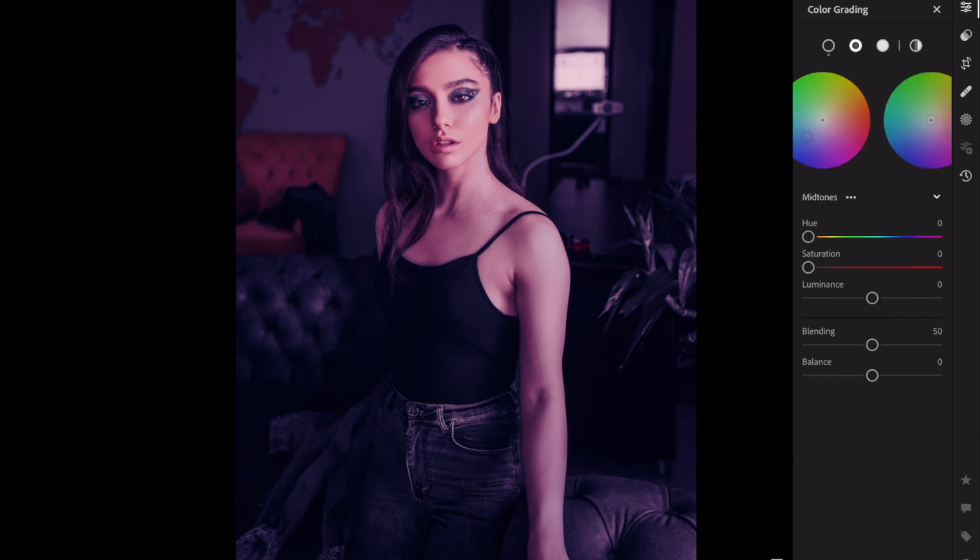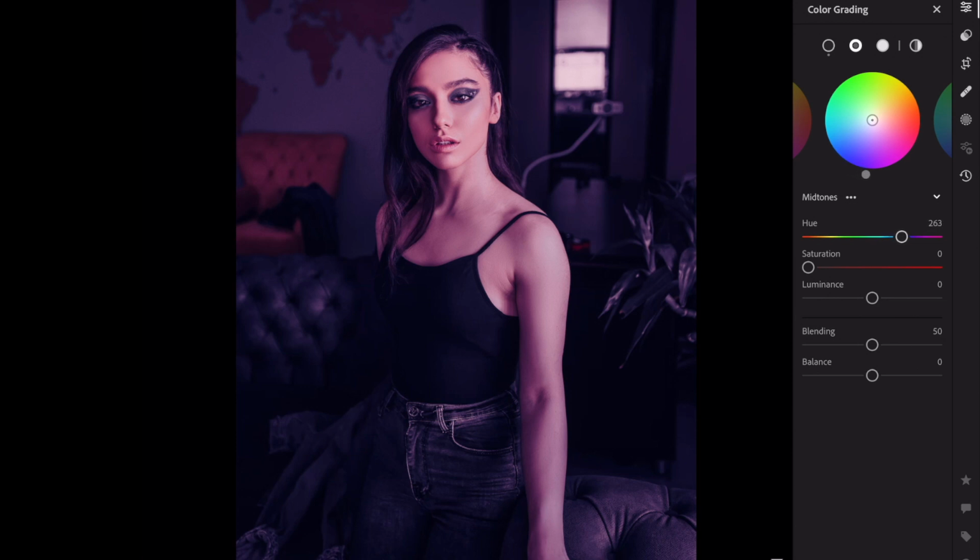Move to midtones. Hue, plus 266. Saturation, plus 43. Luminance, minus 30.